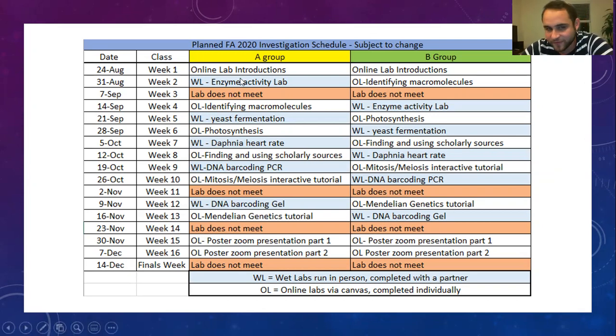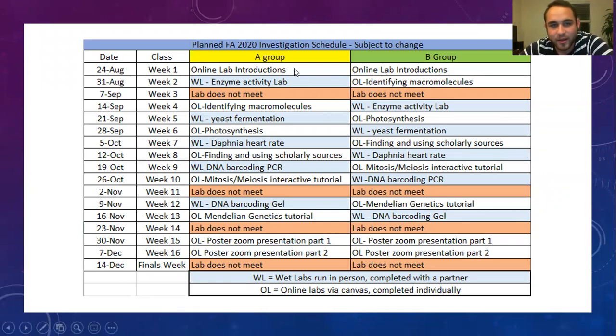Obviously, the week after that, we don't meet. But after that, Group A, which did the wet lab with me, will now do the online activity that Group B did the first week, and then Group B will do the in-person activity that Group A did with me the first week. So we'll pretty much be switching around week from week. So we'll see each other in between weeks.